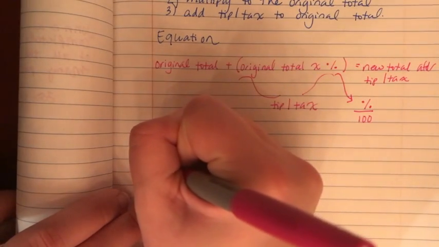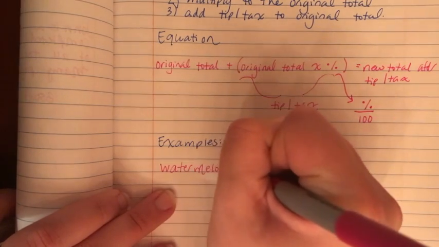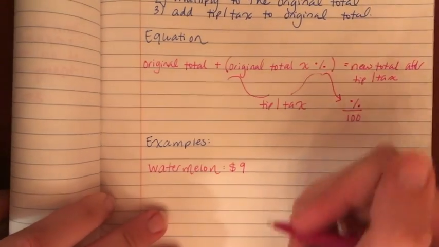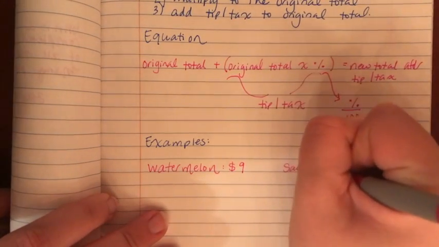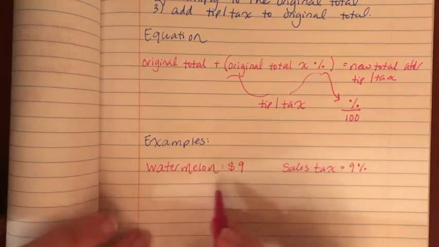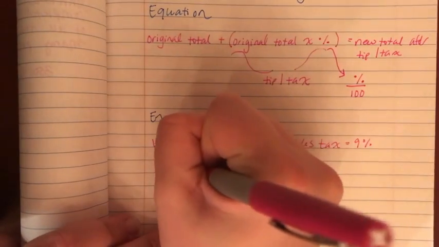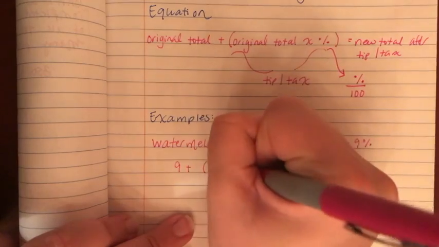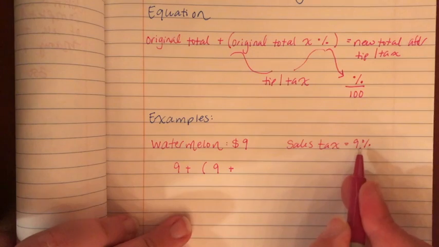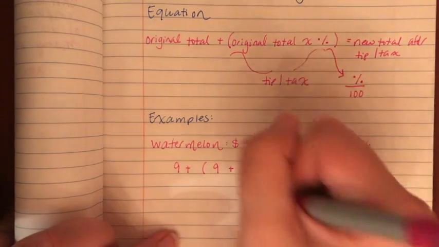Let's say for this example, they tell us that their total after buying watermelons is $9, and the sales tax is 9%. They ask to find the new total after sales tax has been applied. So we're going to use our equation. We have our original total, and in the parentheses we're going to find the sales tax. 9%, remember to convert it to a decimal, we start at the end and move it in twice, so I get 0.09.